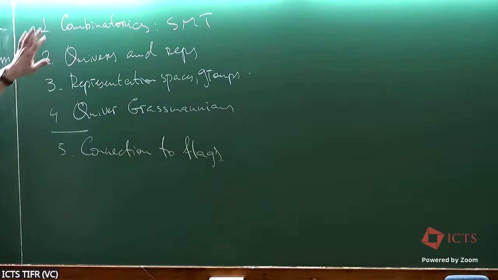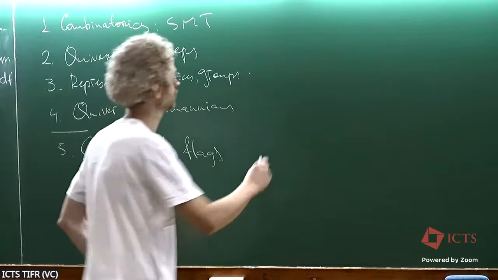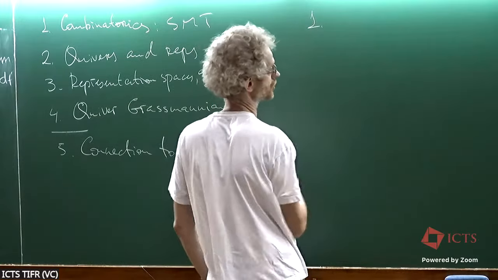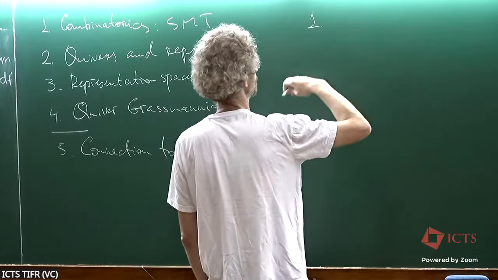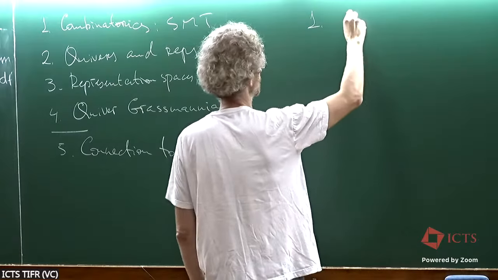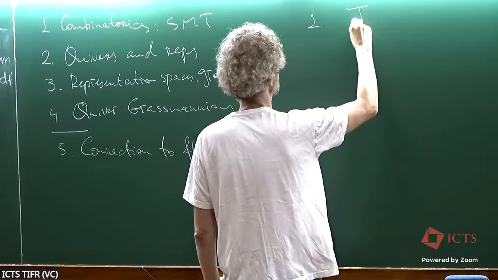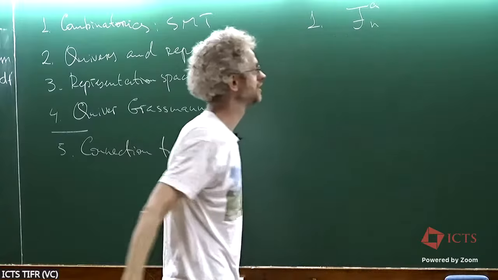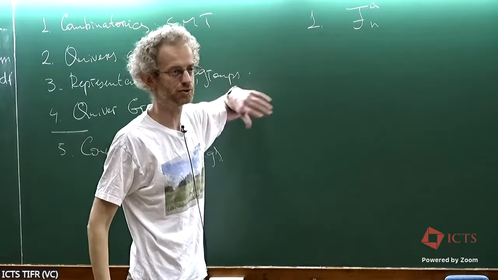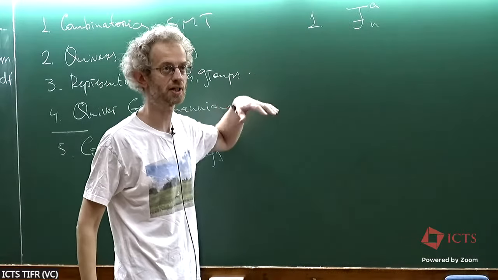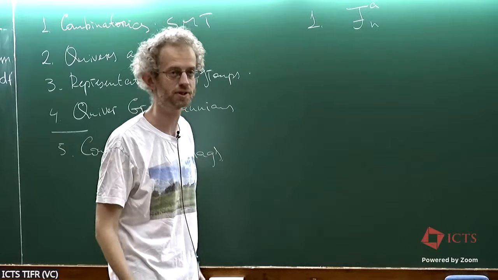So first of all, let me fill one missing piece here. Just to recall notation, we have our flag variety Fna. So n refers to the complete case, meaning that lambda has the full support, say being rho.